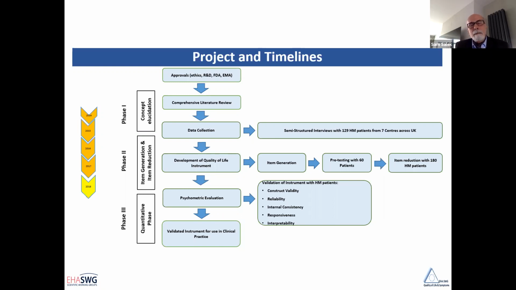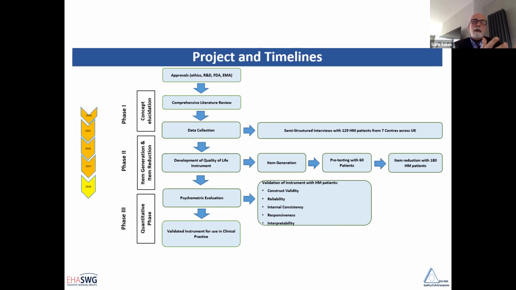So as Dagmar mentioned, this is a very long, arduous process. This particular tool took about 5 years, and this was full-time work that we did. Initially, obviously, you need to involve all the hematological patients from the 10 different hematological malignancies that we had considered to tell us what the important issues are, and that's referred to as concept elucidation.